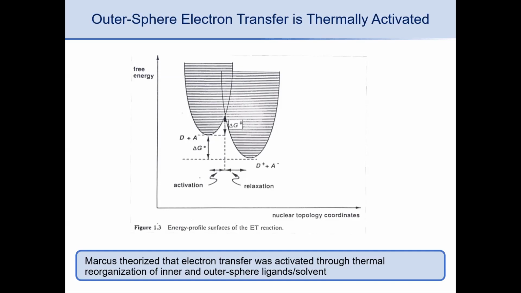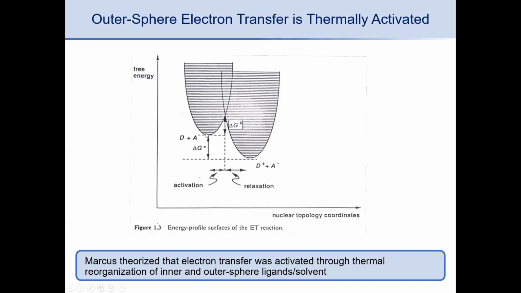Shown in this diagram is just that, where we have an electron donor represented by D and an acceptor represented by A. We need to proceed up in energy on a vibrational energy spectrum in order to reach a threshold potential, delta G double dagger. At that point, the electron transfer can occur. Then we cross over to this second potential well, in which we have transferred an electron from the donor compound to the acceptor compound. And then this can relax to its ground state.